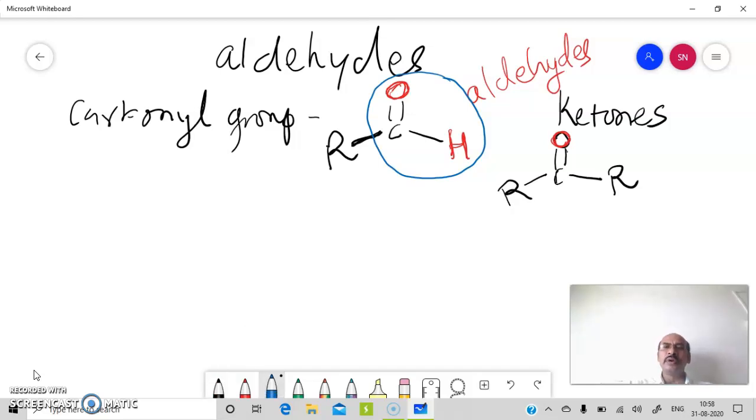In case of ketone there is a C double bond O. In case of aldehyde there is a C double bond O directly connected to hydrogen. So in case of ketone, the carbonyl carbon must be secondary, and for aldehyde the carbonyl carbon must be primary, meaning that it is connected to only one other carbon. And in case of ketone, that carbonyl carbon is connected to two other carbons.